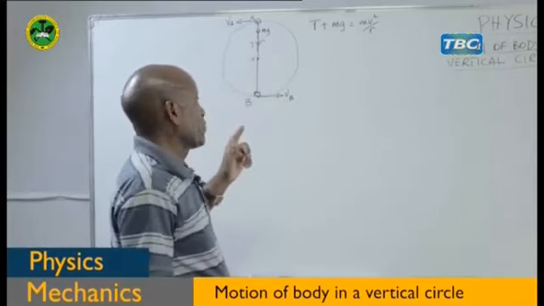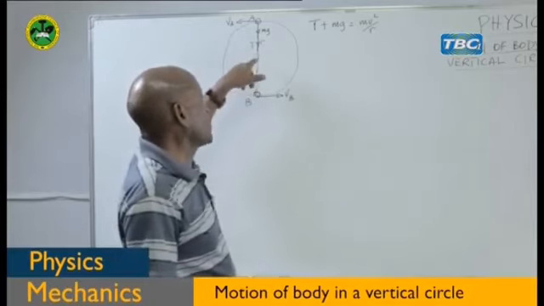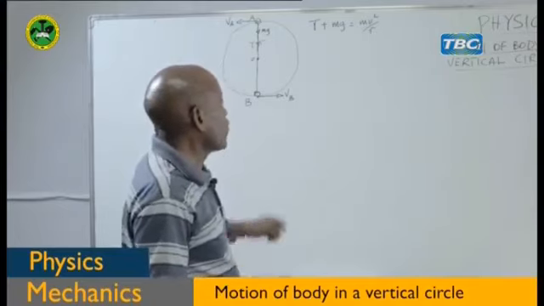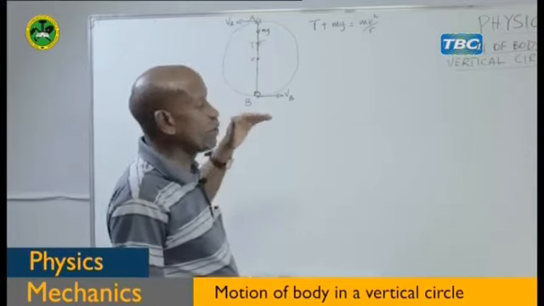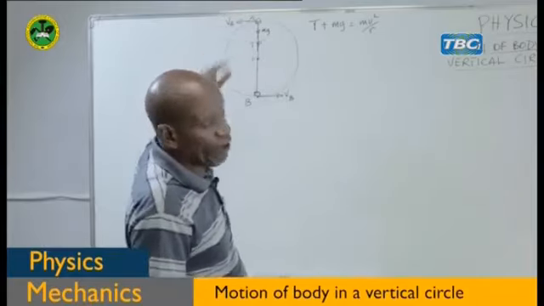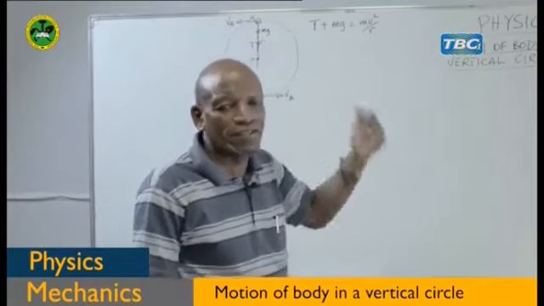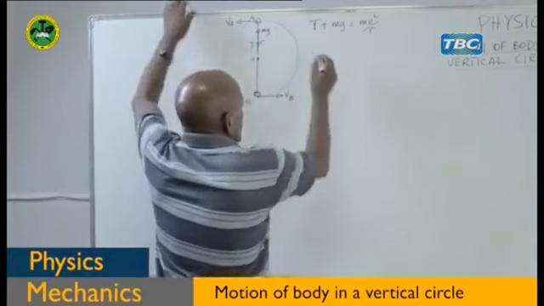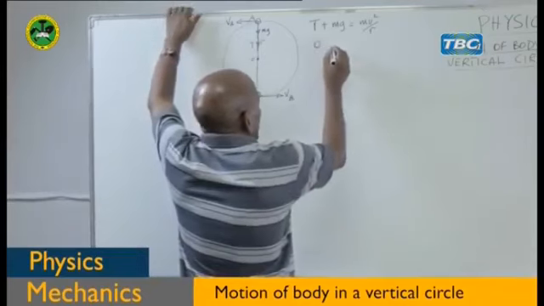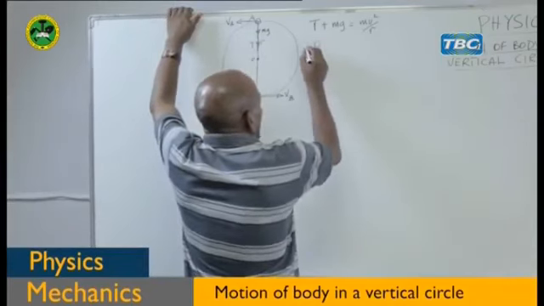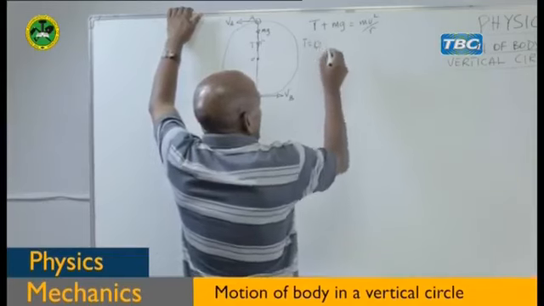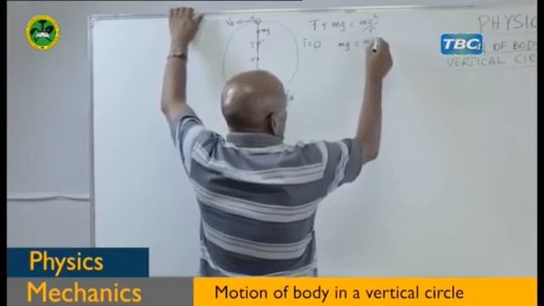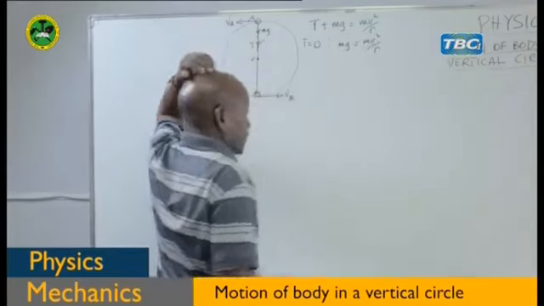But remember that if we take T to be the tension in the string at the top, for the minimum velocity, which will just make the whole exercise of moving around the circle successful, the minimum tension there, T, should be equal to 0. So we put T equal to 0, and therefore we find that mg is equal to mv squared over r.